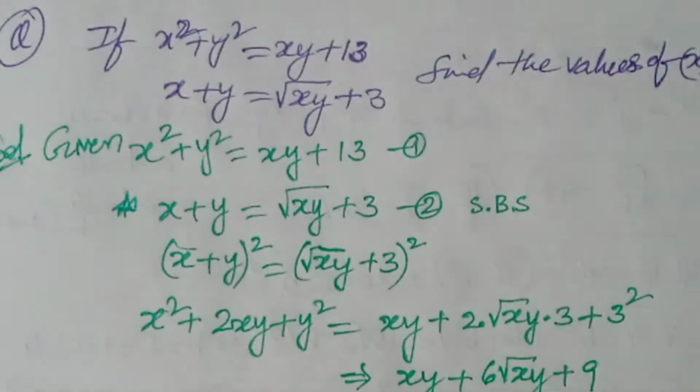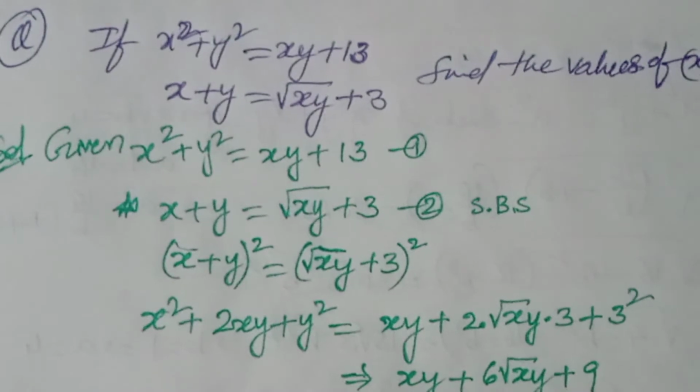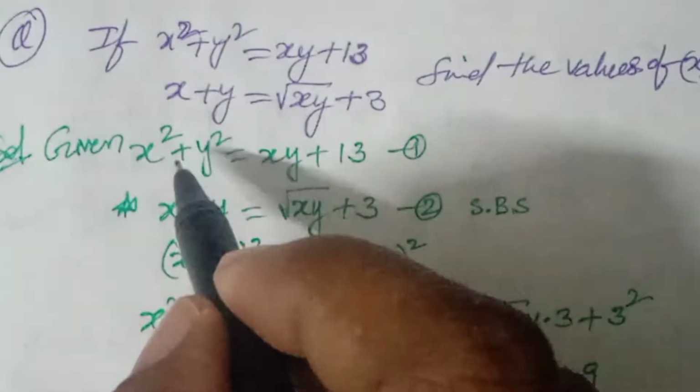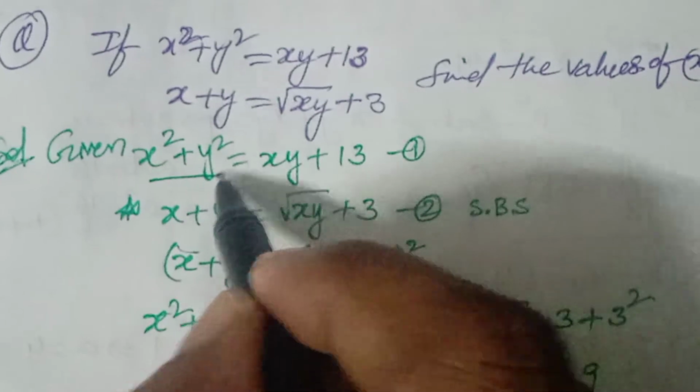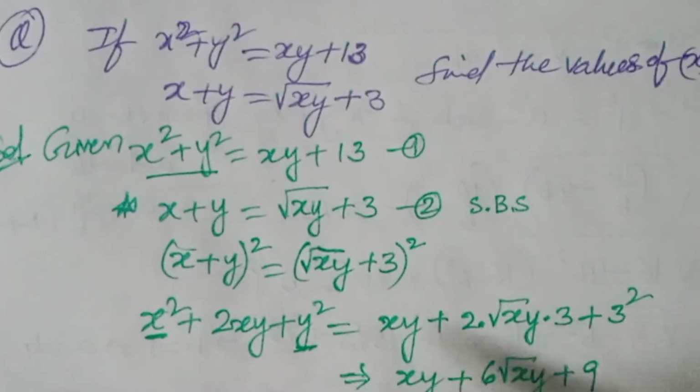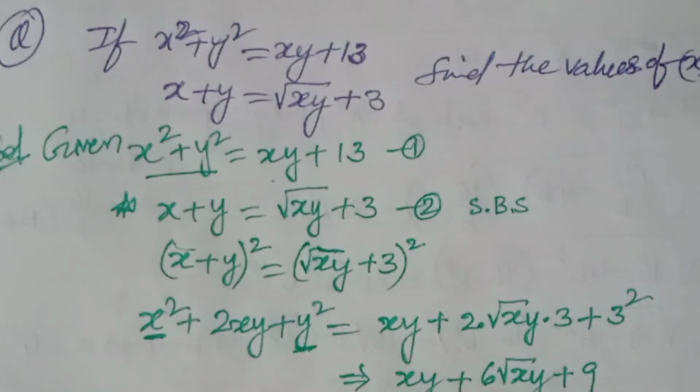So what will we get in this problem? Here x square plus y square value is given now. x square plus y square value is xy plus 13. So we'll replace this x square and y square value.